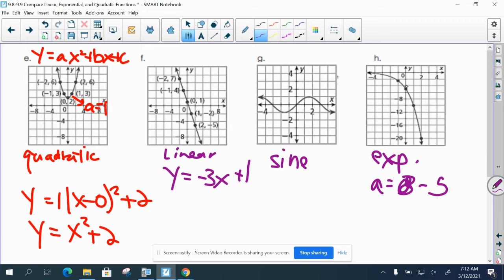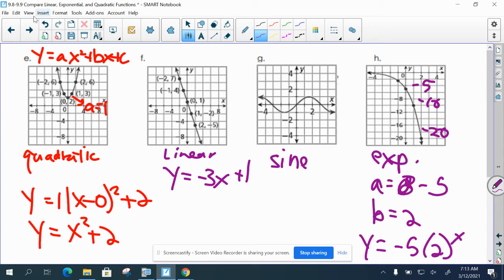So you're going from negative 5 to negative 10 to negative 20. So what are we multiplying by? We're multiplying by 2. So the b is 2. So the equation would be y equals negative 5 times 2 to the x. Okay, so you've already done stuff like that before. We're just revisiting it, refreshing our memories.